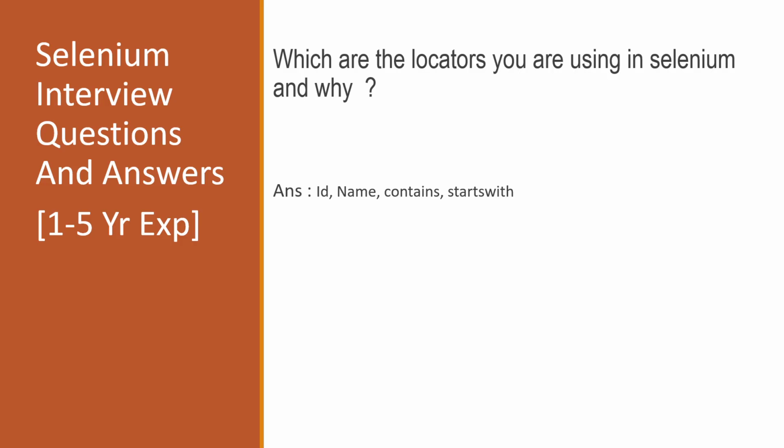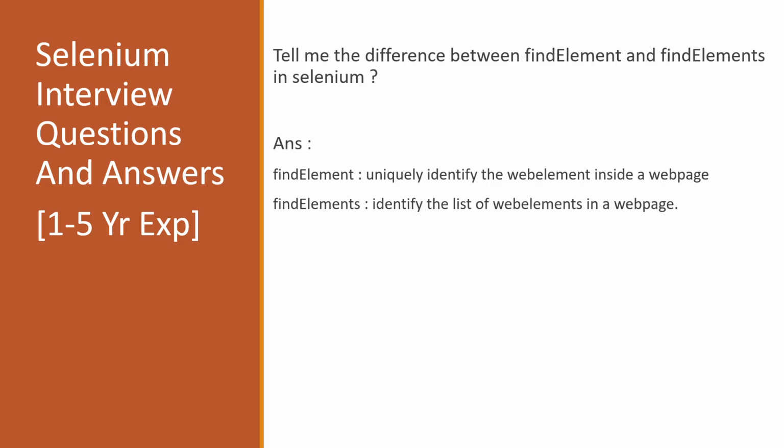Okay, coming to the next question. Tell me the difference between findElement and findElements in Selenium. So this is one of the important questions actually. Many interviewers ask this question. What is the difference between findElement and findElements? So if you use findElement, that means you are uniquely identifying a web element inside a web page.